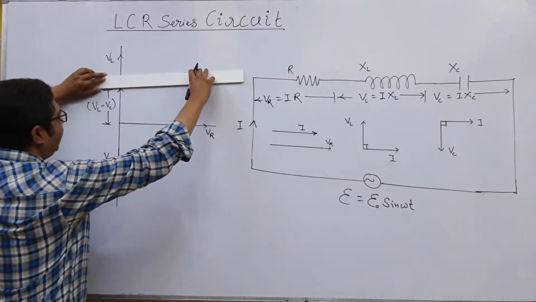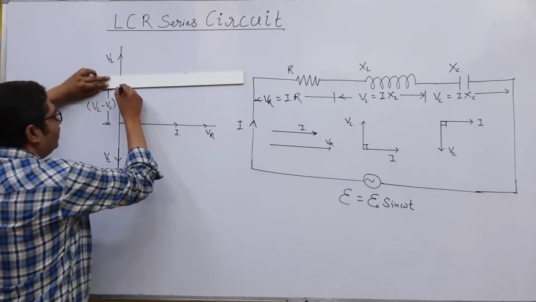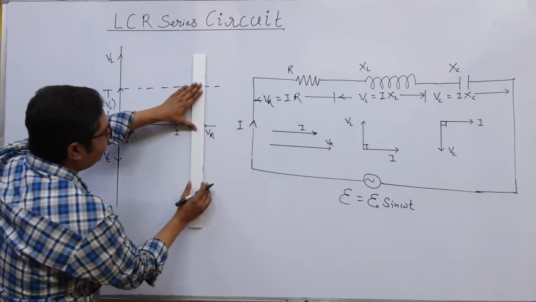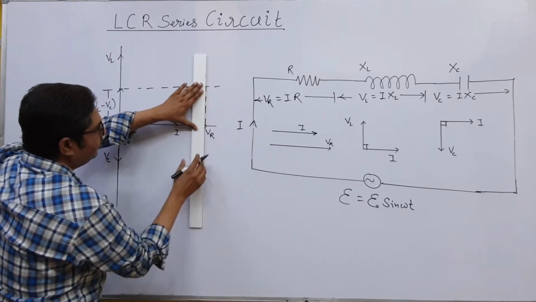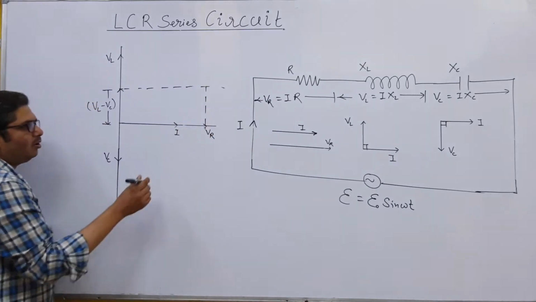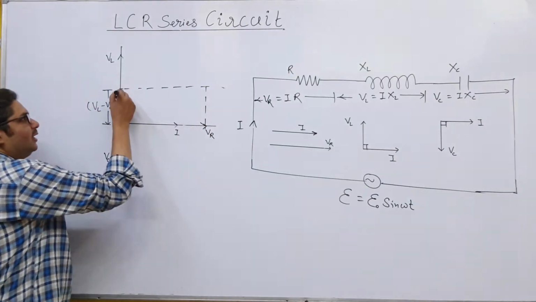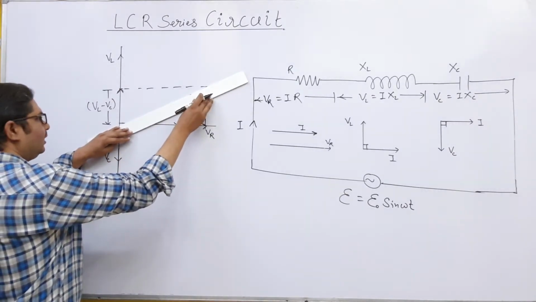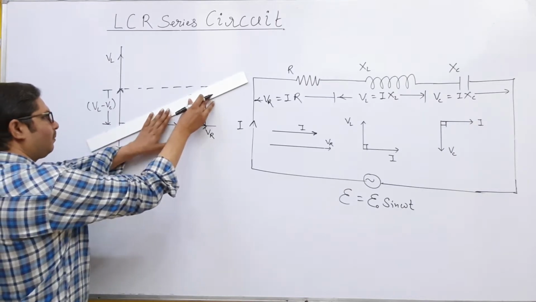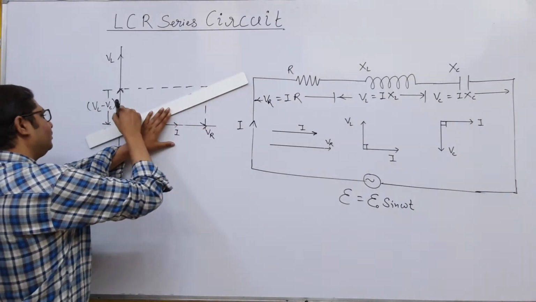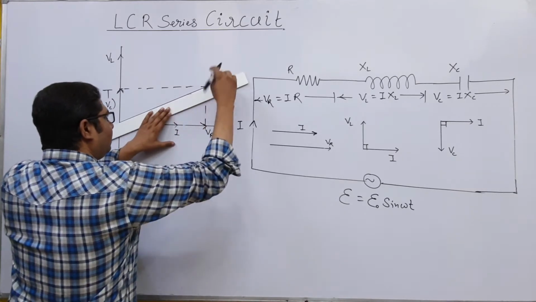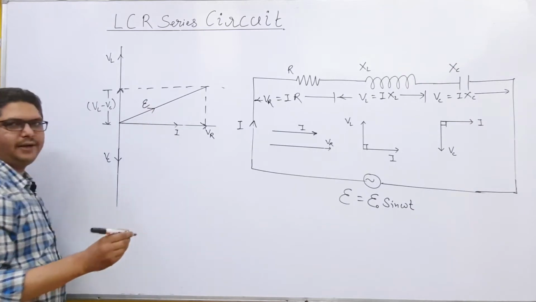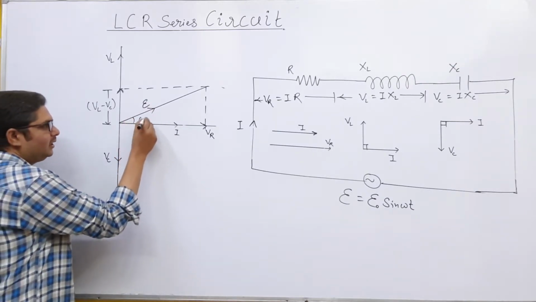Now let us draw a parallelogram. This is a parallelogram, with this as one vector and this as another vector. According to the parallelogram law of vector addition, this diagonal is the applied EMF E, and let this angle be theta.